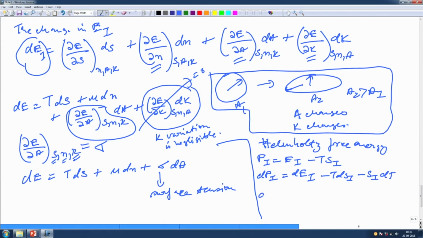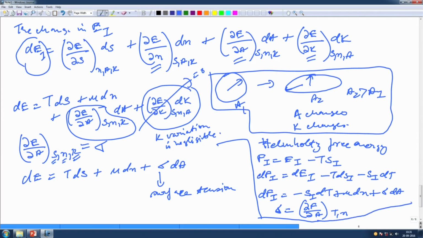So, dFi can be written as minus Si dT plus mu dN plus sigma dA, where sigma this time is represented as the change of Helmholtz free energy with respect to area at constant temperature and N. Curvature also comes into the picture, I am just dropping it for the time being because we have assumed that the curvature is small. So this proves that this is an alternative definition of surface tension.